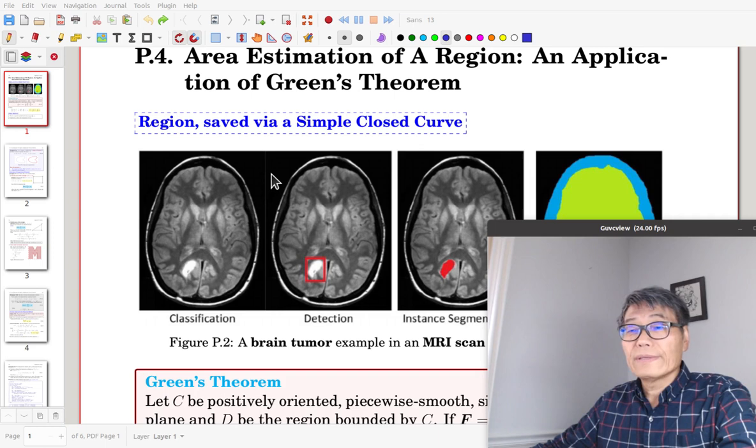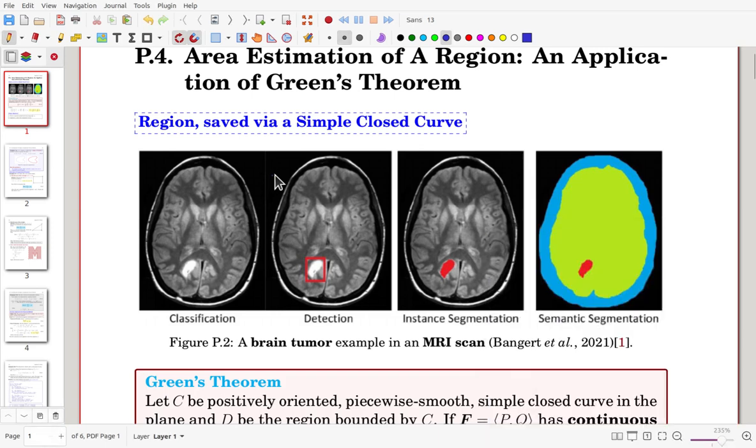Look at the figure. It is a brain tumor example in an MRI scan. I got it from this paper.